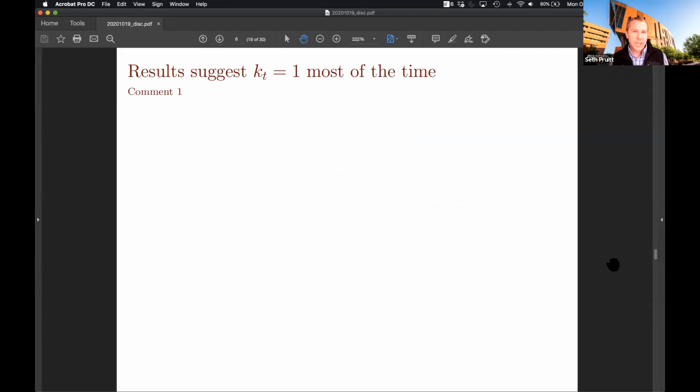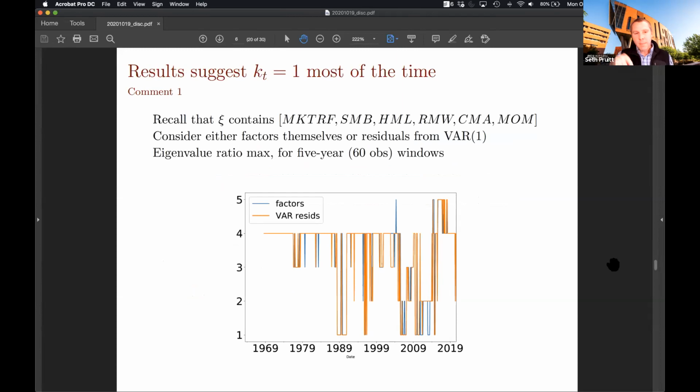The results are suggesting that KT equals 1 most of the time. That is, there's one factor. So this is an interesting result, and I would love some more intuition about what's going on here. Imagine this C, the managed portfolios, includes the Fama-French 5 factor model plus momentum. Consider either the factors themselves, or try to get out the predictable component and look at VAR1 residuals.